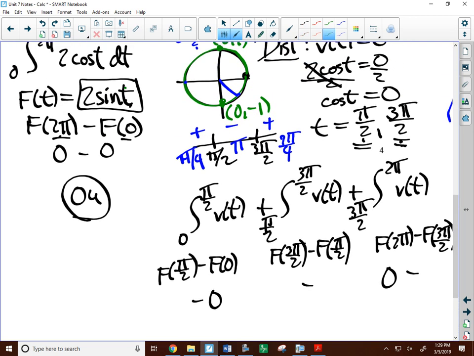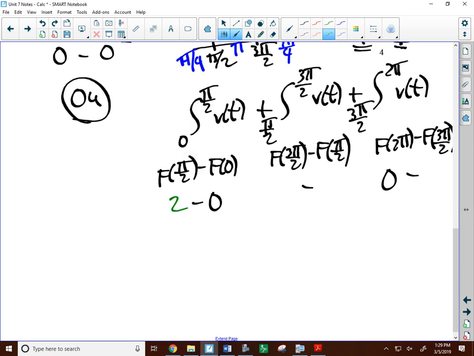Let me plug in pi over 2 into capital F, the antiderivative. What's sine of pi over 2? It's the y-coordinate there. 1. So it's going to be 2 times 1, and so we get 2. That was for this, and one other one right there.